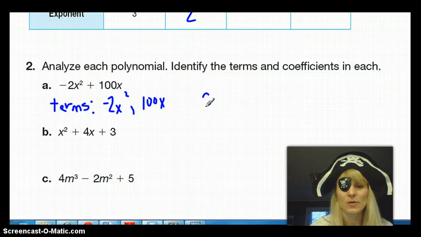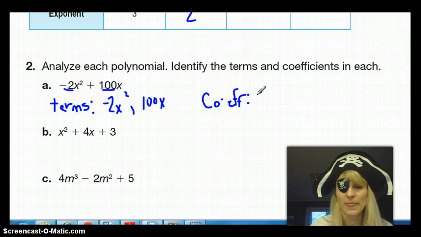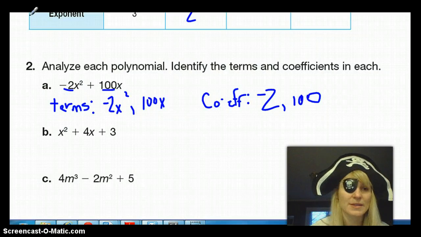Then it says identify the coefficients, so we'll write coefficients here. And then if I look at the coefficients, I have a negative 2 and 100. So we'll just write negative 2 and 100. Sorry. So go ahead and pause the video and finish B and C.